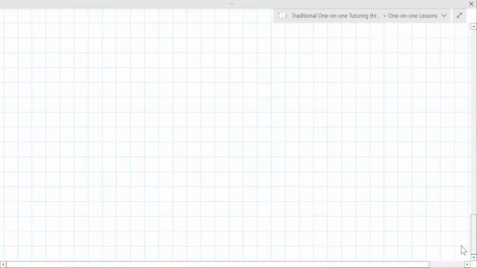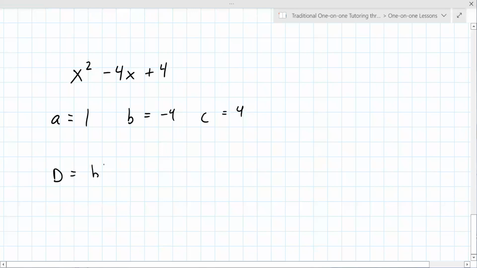I'm going to make this one up for you. Let's say it's x squared minus 4x plus 4. Yeah, that'll work here. What's the value of A, B, and C in this problem? 1, negative 4, and 4. Very good. So the discriminant is B squared minus 4AC. And again, you just want to substitute your numbers in parentheses.